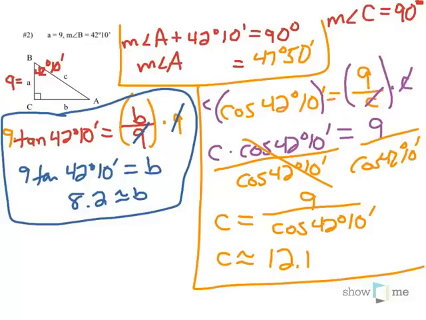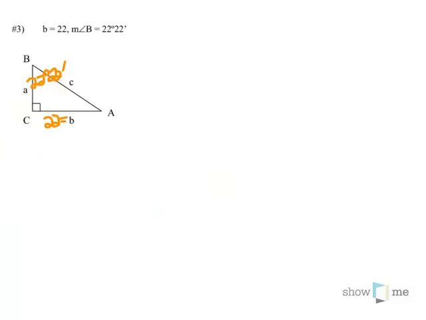Number 3, given angle B and side B, got to find all the other missing measurements. Angle C, once again, is 90. Picture shows that. No work to be shown for it. Angle A, pretty simple. The two acute angles in a right triangle have to sum to 90 degrees.